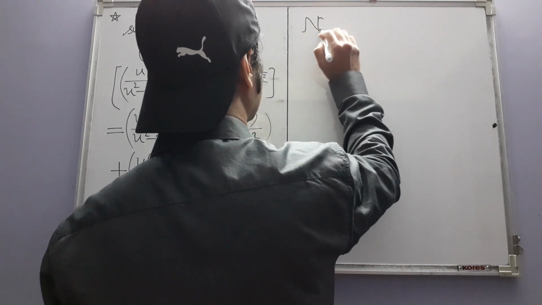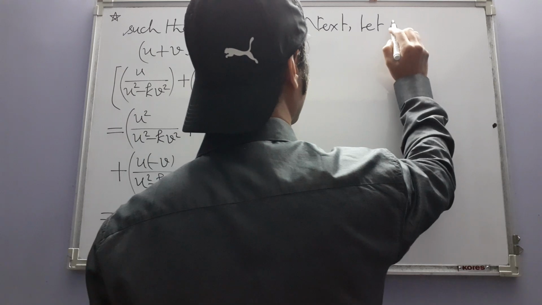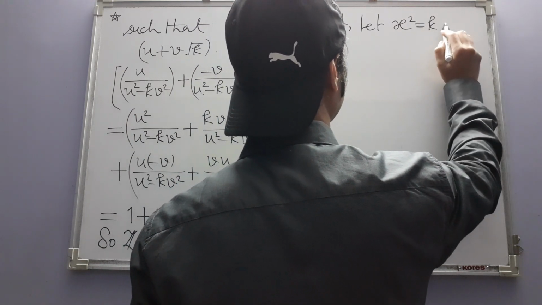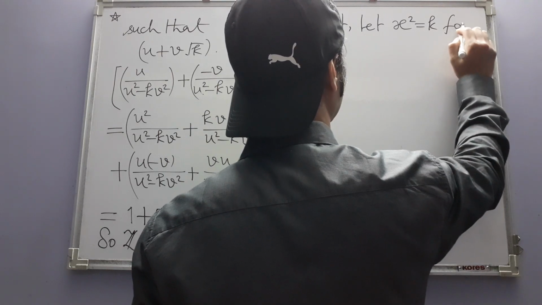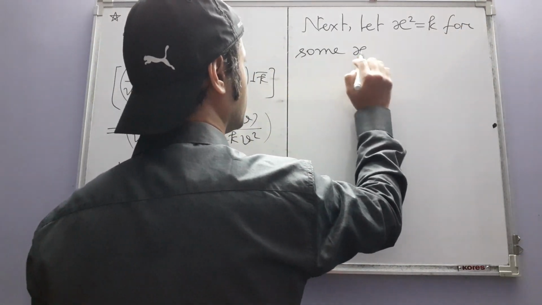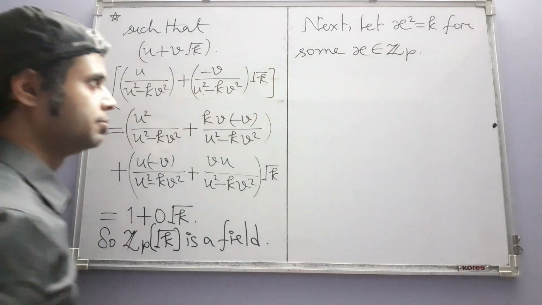Next, let x square be equal to k for some x belonging to ZP.